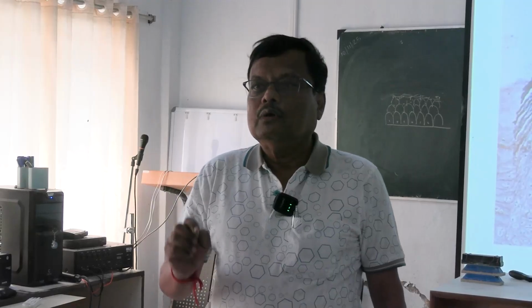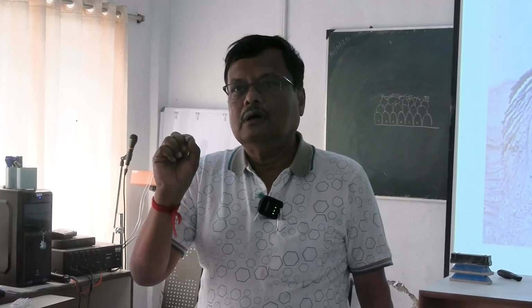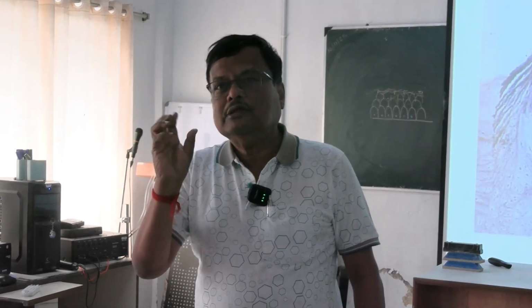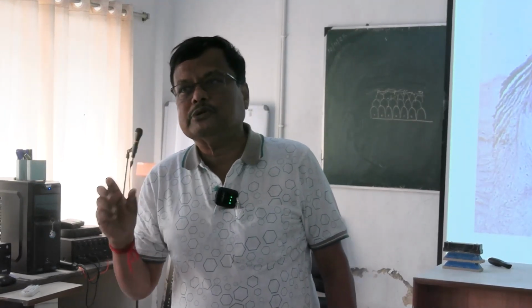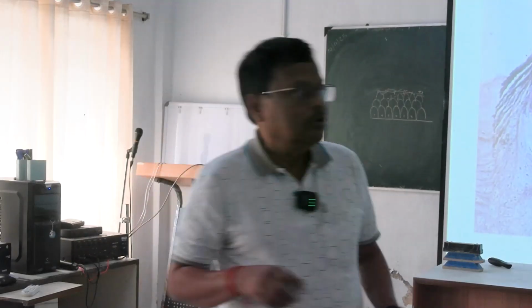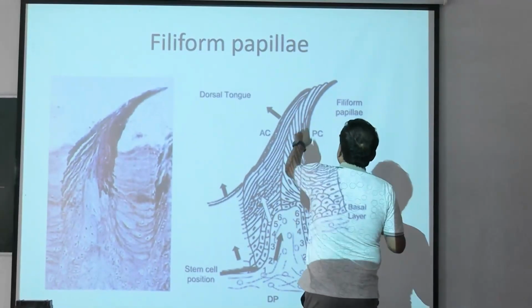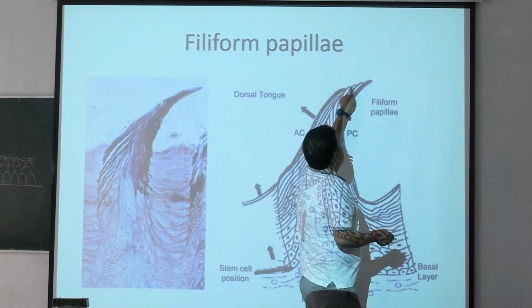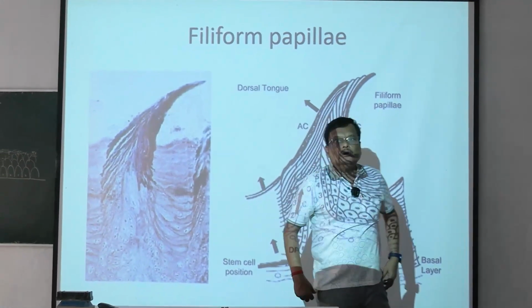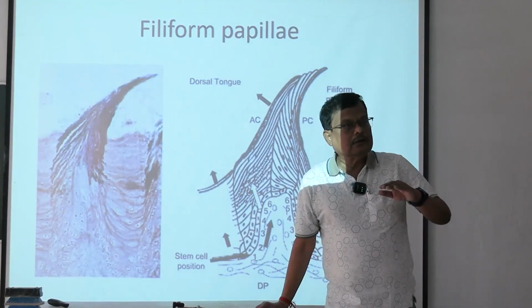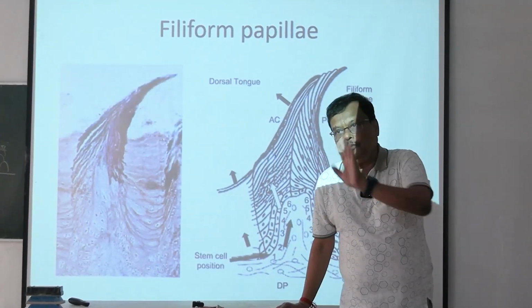So there must be some thorn-like hard substance to grasp the food properly, at least to steady the food to some extent so that proper chewing is possible. So in the tip of the epithelium, the filiform papilla, it is keratinized. So peculiar.